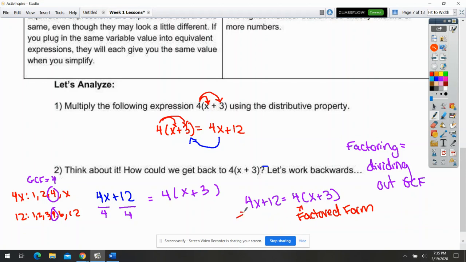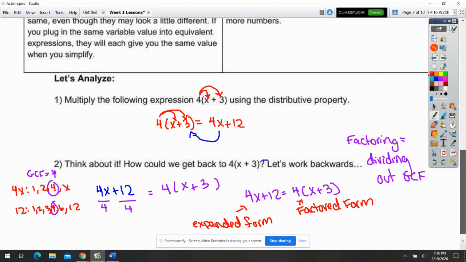So these are equivalent, but just different formats. Here, it's expanded. Everything's multiplied out. Nothing can happen. Here, it's in factored form. The GCF of this is outside of the parentheses.